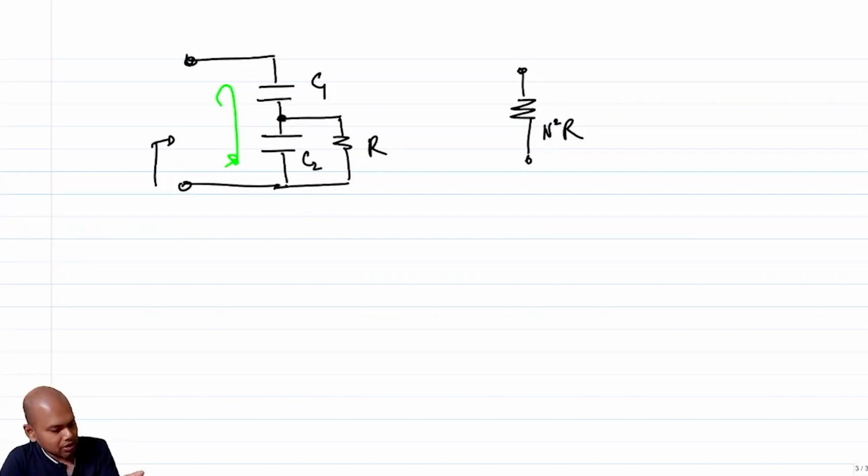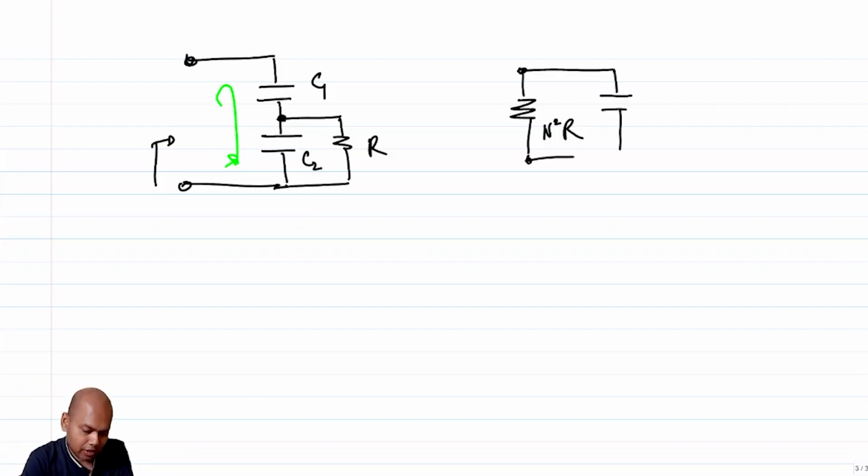Which essentially means that the imaginary part of the impedance that you are going to see is the series combination of C1 and C2. So you are going to see an effective C equivalent, which is approximately equal to C1 C2 by C1 plus C2.